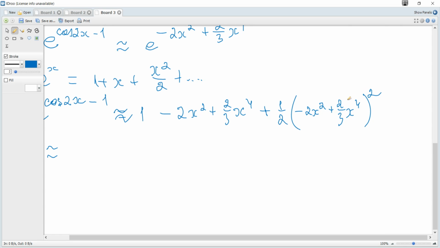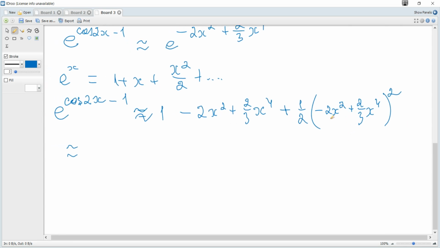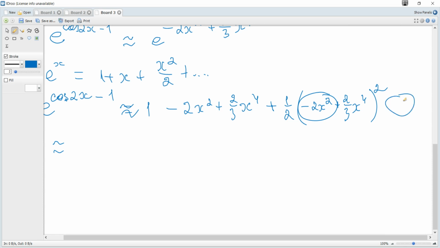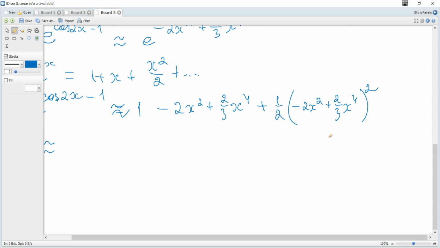You may consider here a plus b squared, or in general you may consider this expression multiplied by itself, but you can see that we can get x to the power of 4 only when the first term is squared.